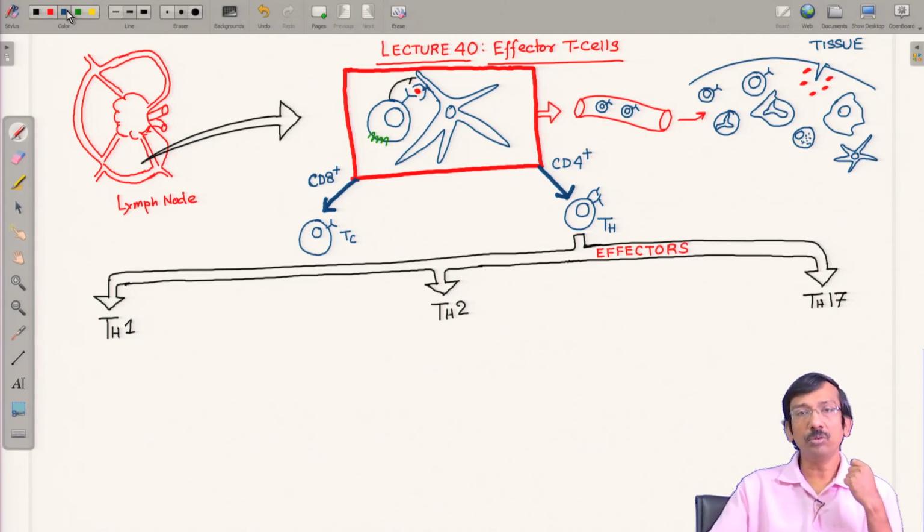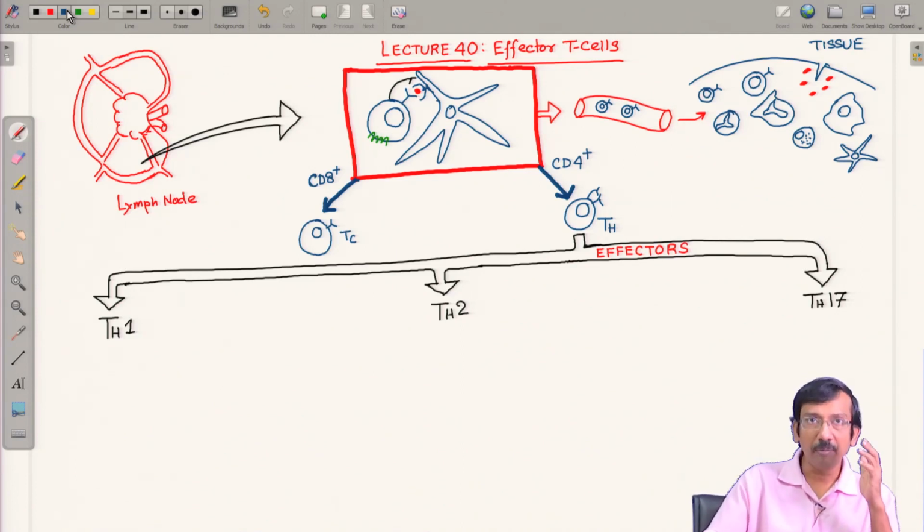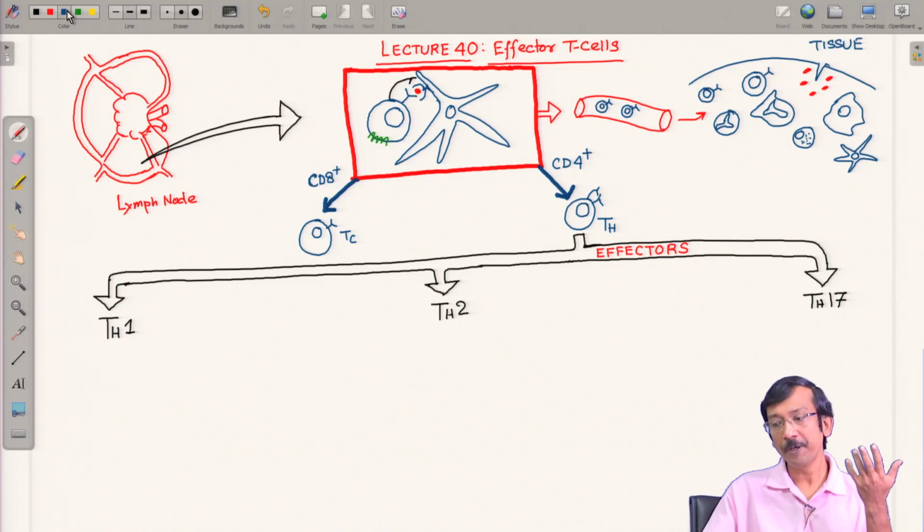Now, from the earlier lectures you have learned quite a bit about T cell development, B cell development, antibody mediated effector mechanisms, and the responses that are generated by the antibodies. We will learn more about the antibody responses.